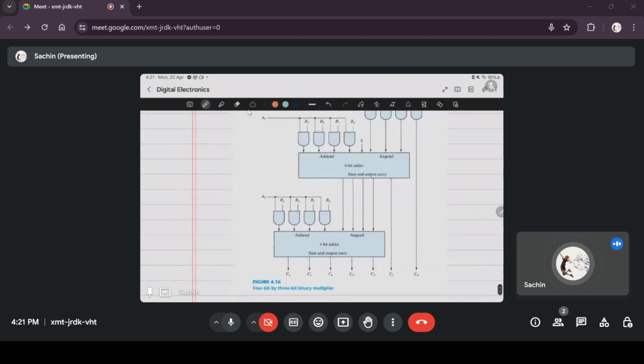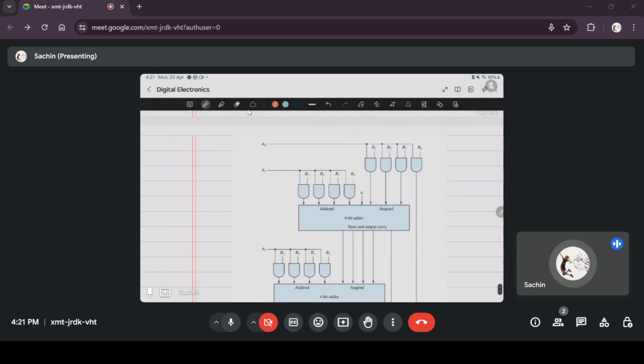It's a 4-bit by 3-bit binary multiplier. So you have a 3-bit number A0, A1, A2 and a 4-bit number B0, B1, B2, B3.